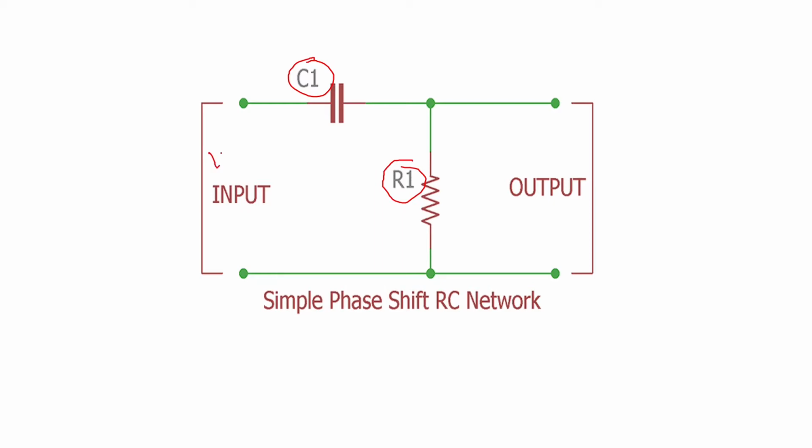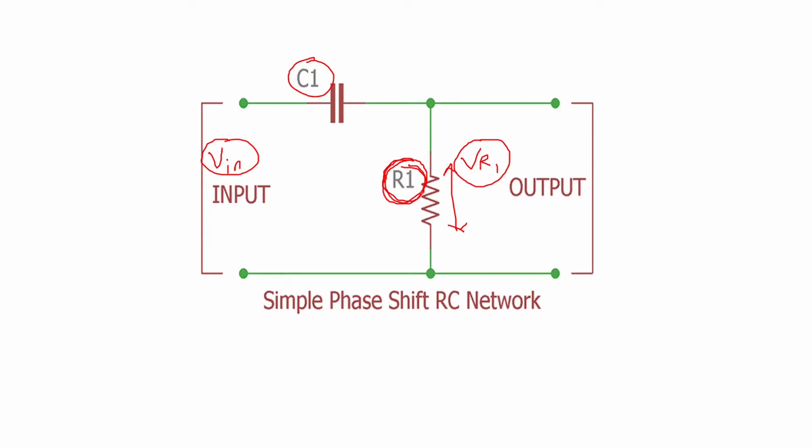This is the input voltage V in, and this is the output voltage across the resistor, which we can call VR1. Now in this circuit, the voltage across the resistor will lead the input voltage by 90-degree if you take this resistor R1 as 0. The voltage across R1, that is this voltage, will lead the input voltage by 90-degree.